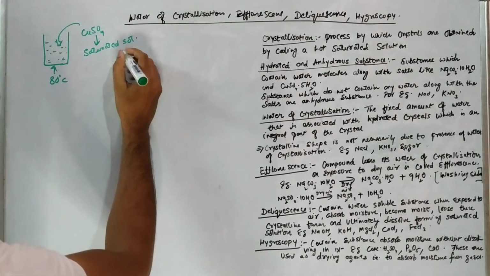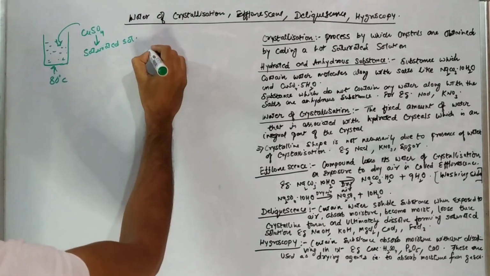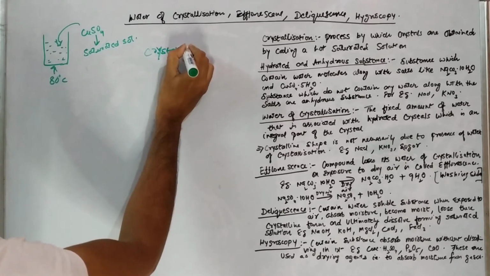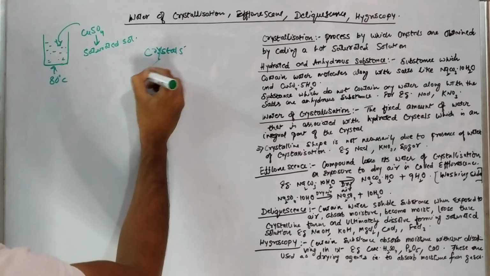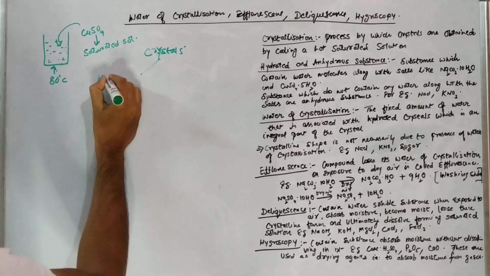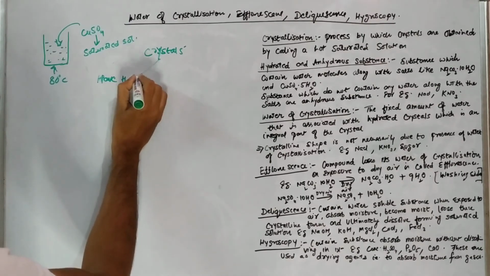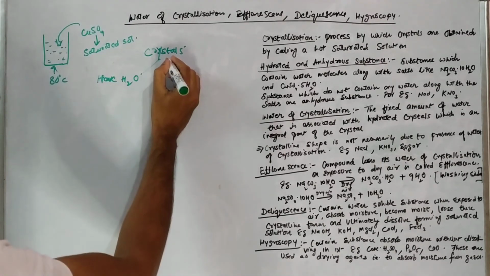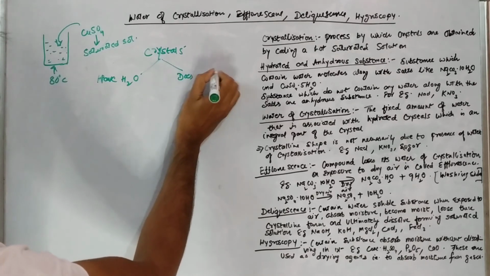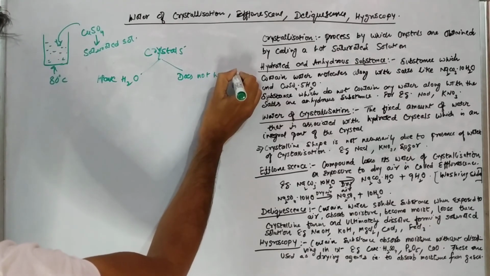So you get two types of crystals when you do crystallization. One has water, the other does not have water.